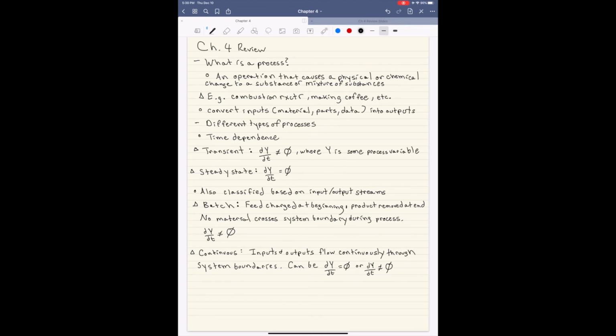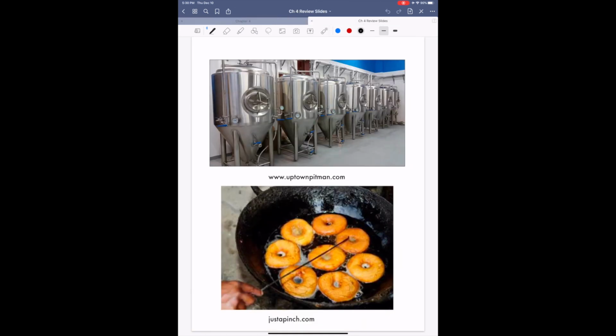So I've talked about the different ways that you could distinguish between processes based on math. But now I just want to give you some concrete examples of different processes. And so in the photo at the top here are various fermentation tanks. And so these are the types of unit operations that are used in beer brewing, for example.